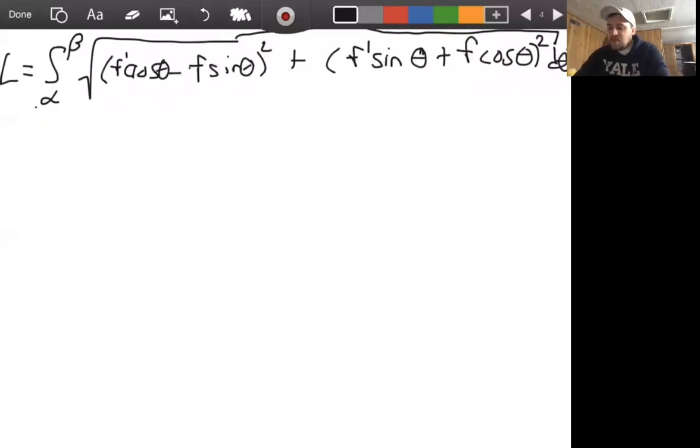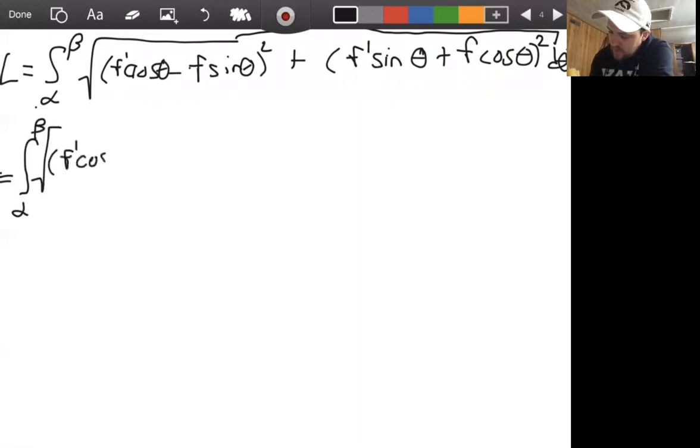Yes. So now let's square the first piece. Integral from alpha to beta. I'll just leave that open. So it seems that we're going to have f prime cosine theta squared minus, then the middle term is going to be the product of f prime cosine theta and negative f sine theta.